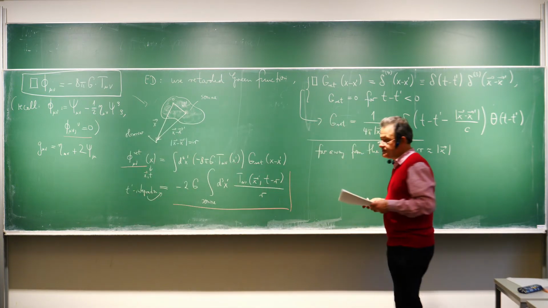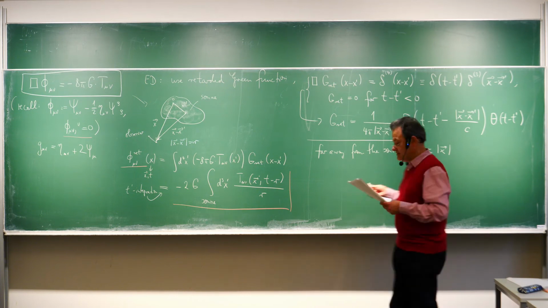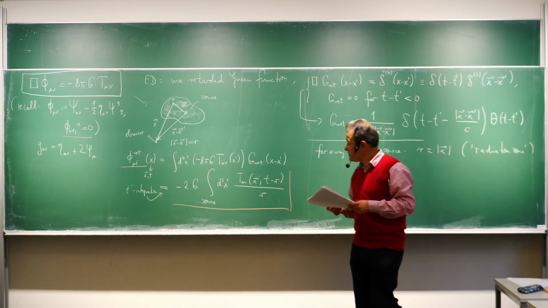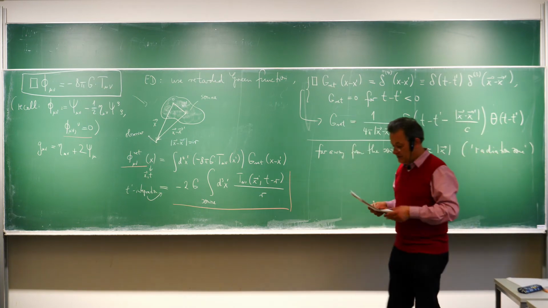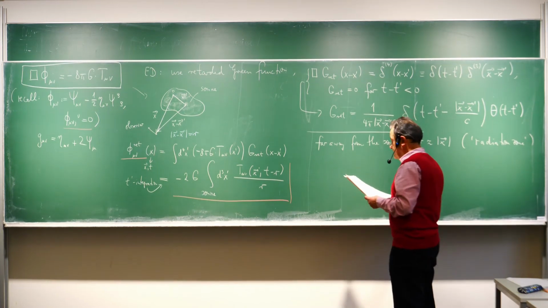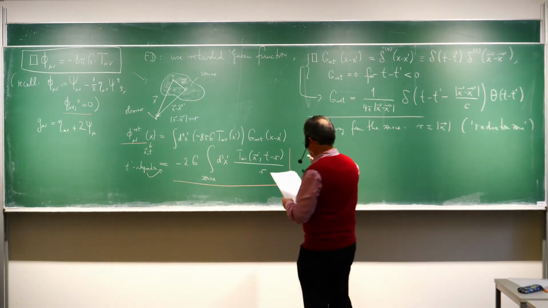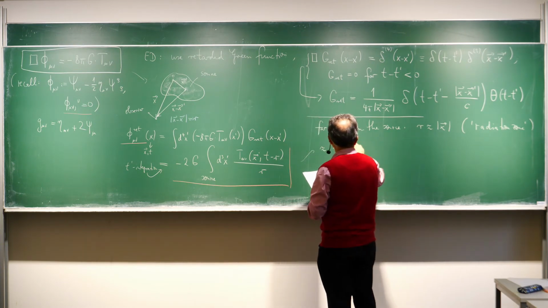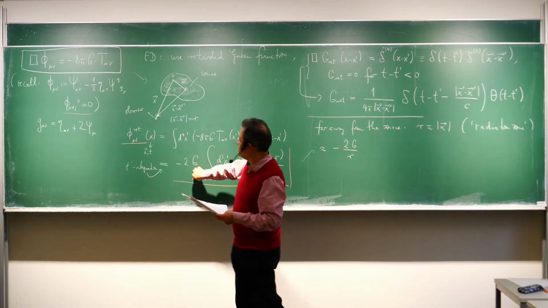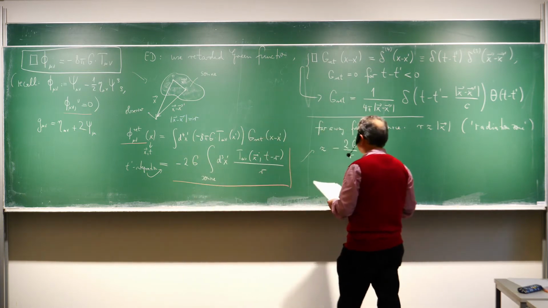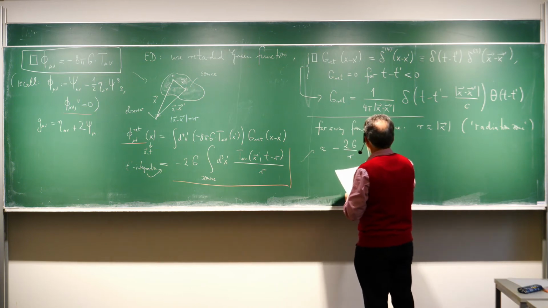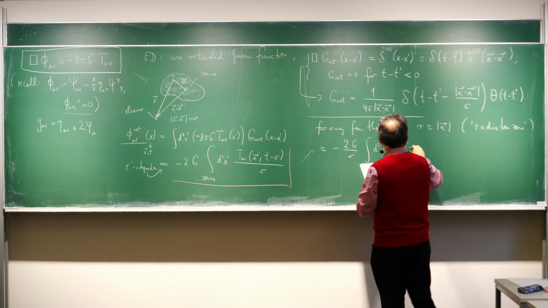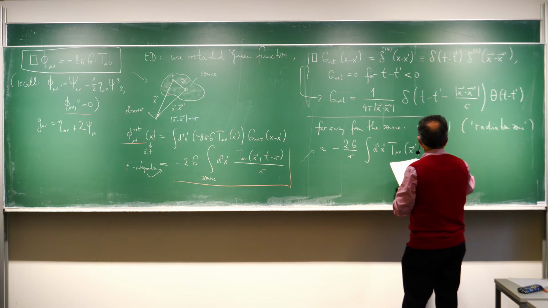And this is of course what we call the radiation zone. The extension of the source does not matter if you are far away. We can then write this as approximately minus 2G over r. So this r can then be put outside the integral, and we have the integral d3x prime of T mu nu of x prime and t minus the absolute value of x.